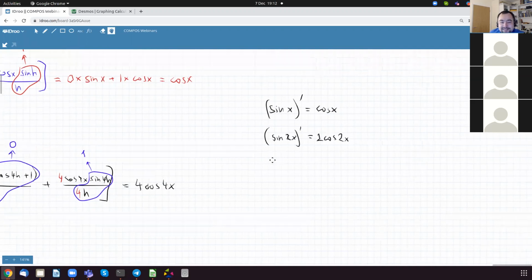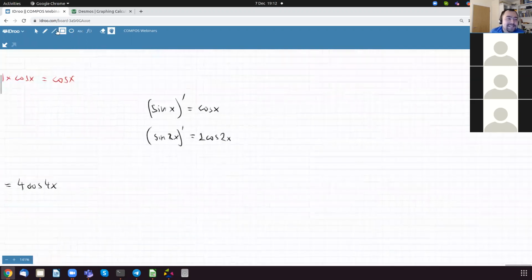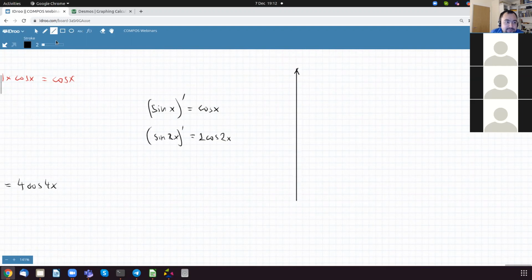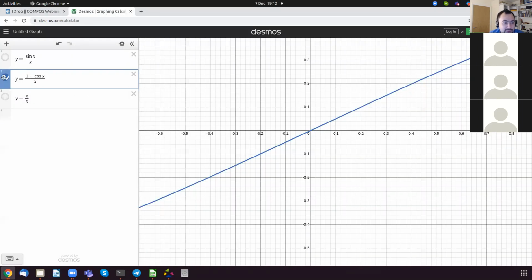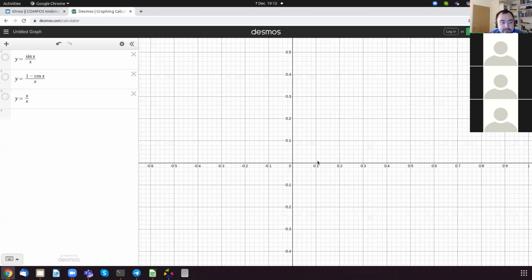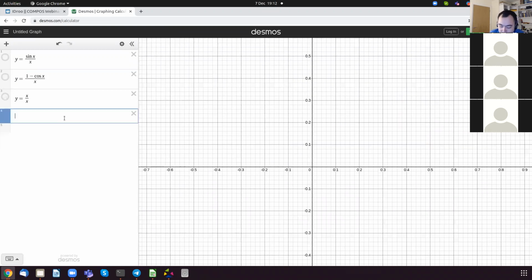And this has a very elegant explanation. If you take the graph, I'm just going to use Desmos for this. I do recommend you using that a lot. It's a fantastic tool. So y equals sine x.